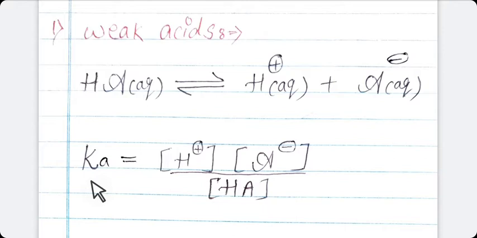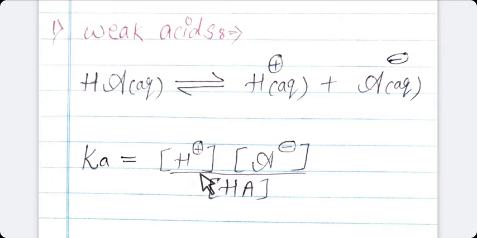and the formula is concentration of product upon concentration of reactant. As you have seen, square bracket is there, which is nothing but a sign of concentration.